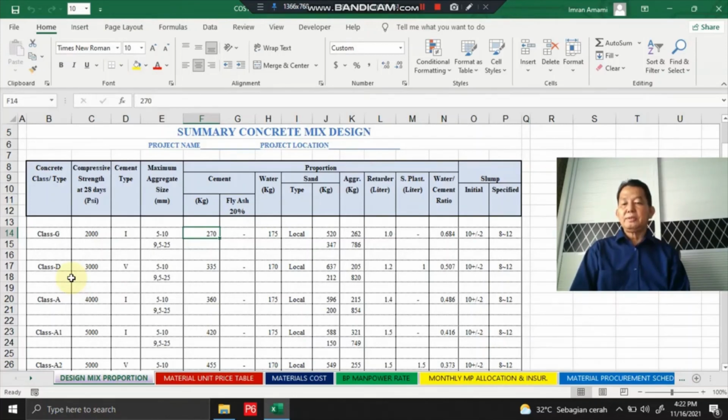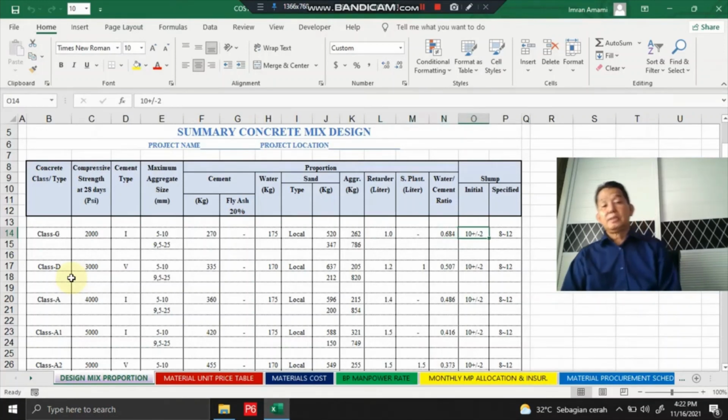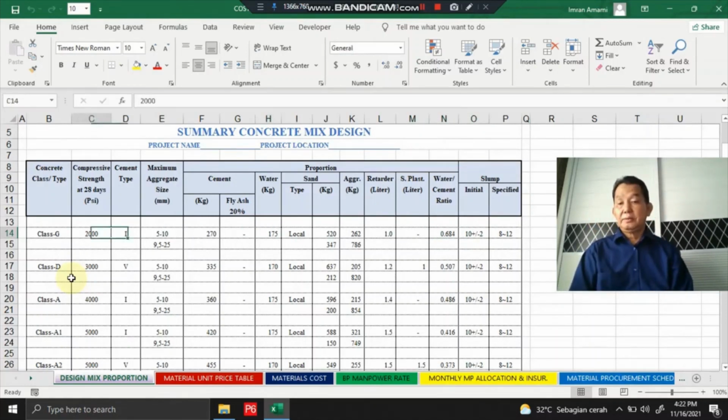For example, for class G, strength 2000 by type 1, we have a material proportion for cement of 270 kilograms, water 175 kilograms, local sand 520 kilograms, aggregate 262, retarder 1 liter, and a water cement ratio of 0.684, and then slump both initial and specified.